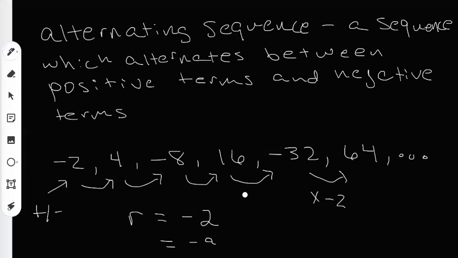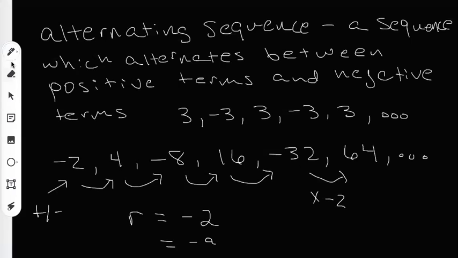So whether you start off on a positive number or a negative number, it doesn't matter as long as you switch the signs each time and you're multiplying by something consistently, then you're going to have an alternating sequence. Let's say we have 3, -3, 3, -3, 3, and so on.